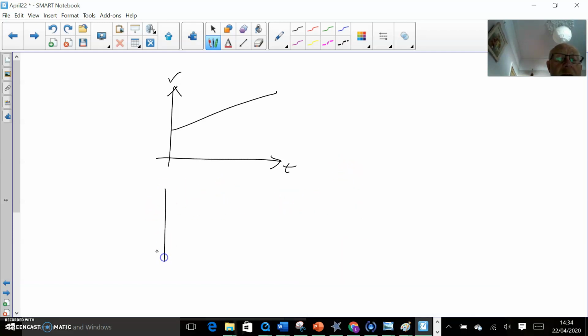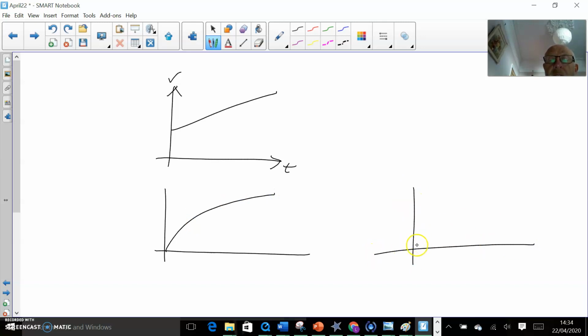So we might have acceleration going sort of like that, or maybe more like that. So this will be the velocity like that, and that one like that.